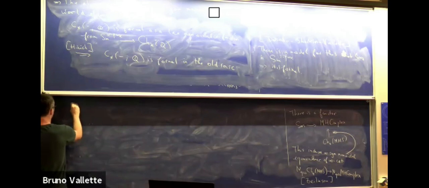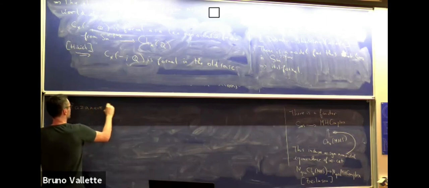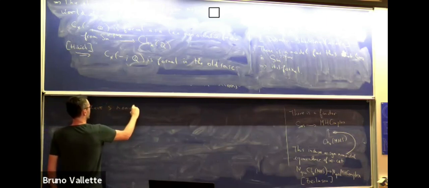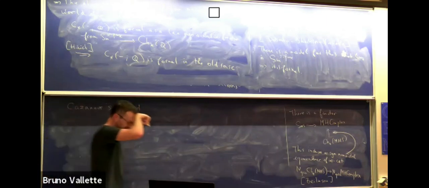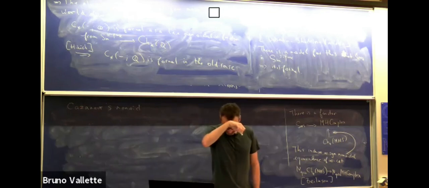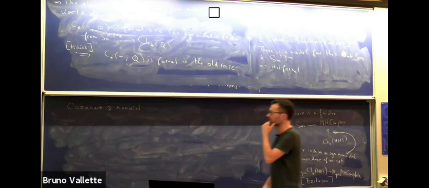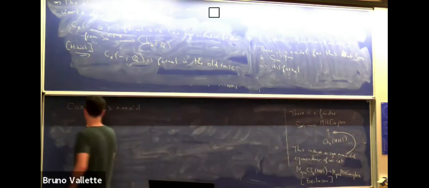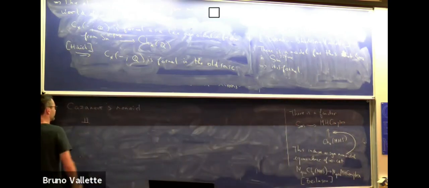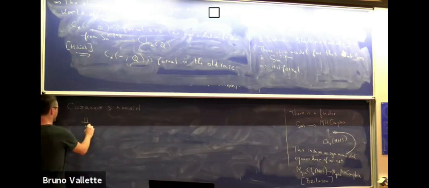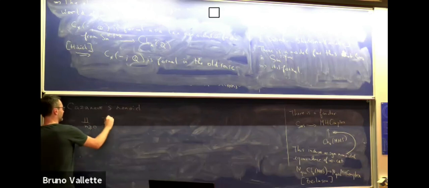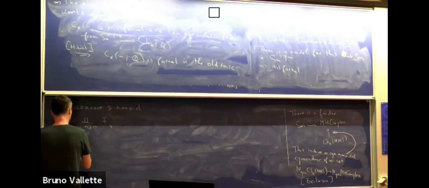So there is something which I called Cazenave's monoid. This was something introduced in Christophe Cazenave's PhD thesis. It's a monoid structure. You take the disjoint union over all non-negative integers n of what's called Fn.